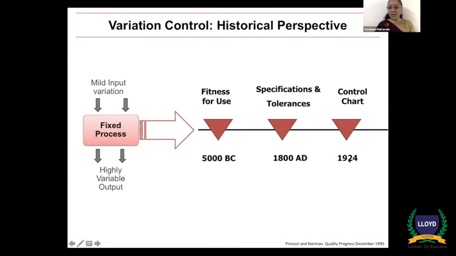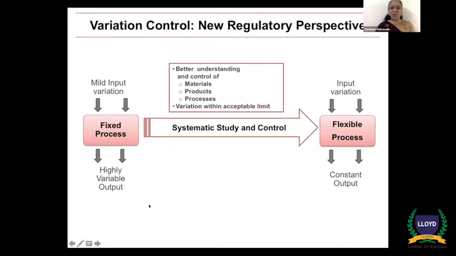And it is only in 1924 that what you know as quality control parameters came into existence. So it is an iterative and reiterative process so that quality can be maintained. As you know, quality is of prime importance because we are dealing with human beings and every life is special to us. So, what is the new regulatory perspective?